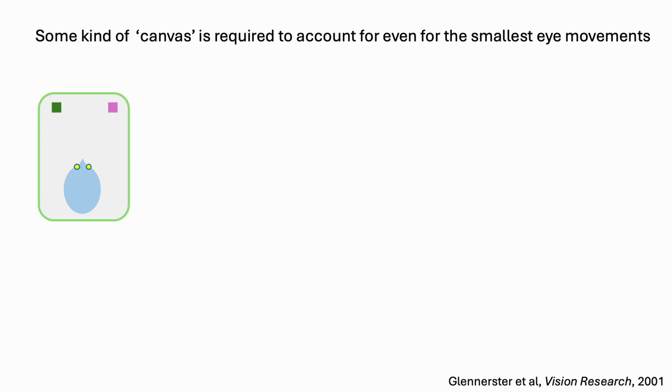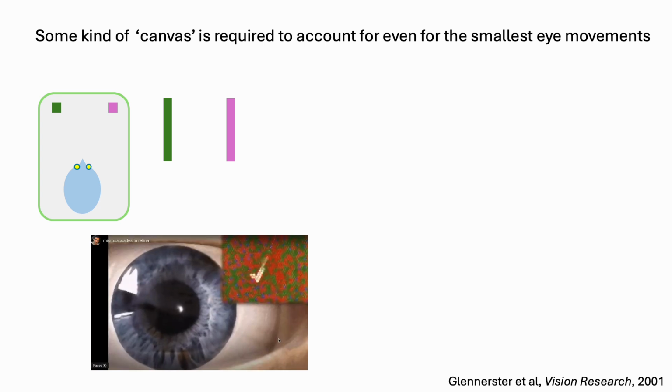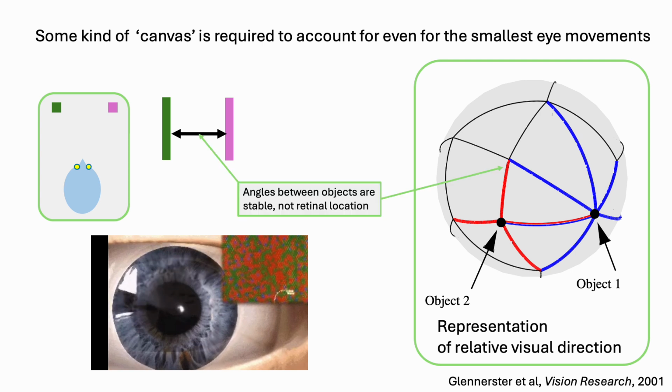I just want to say that even for the very smallest eye movements, these microsaccades, you can hardly see the eye moving here, but the trace shows how it is actually moving. And that means that objects are jittering around on the retina, even though the relationship between them is stable, and that's what you want to record in the representation, the angles, the saccades between objects.